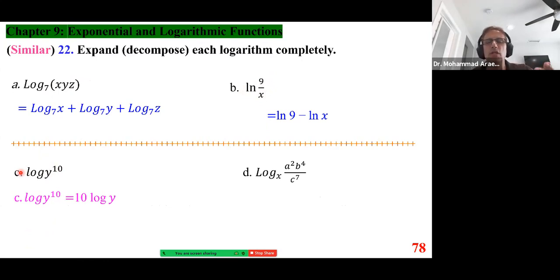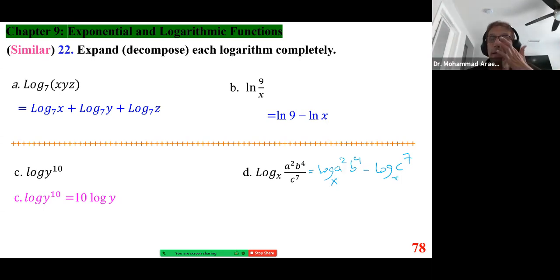Now this one, you can do it in one shot, actually, or you can do it with a few steps. Quickly, you can write this as log of the top minus log of the bottom. The base, whatever it might be, we keep it intact.